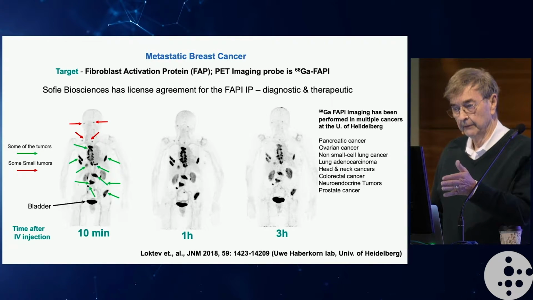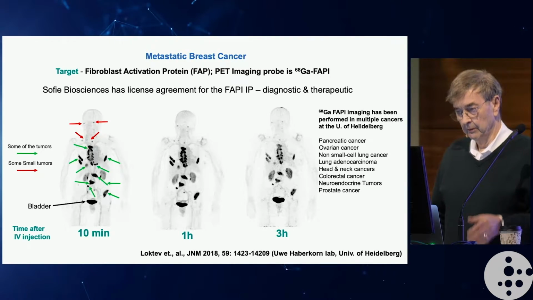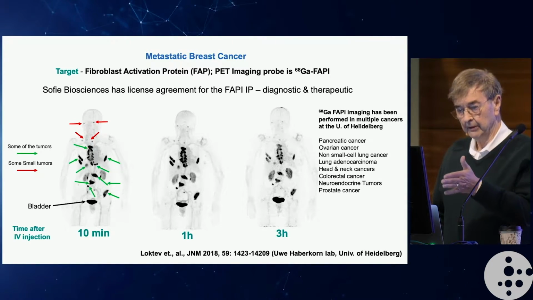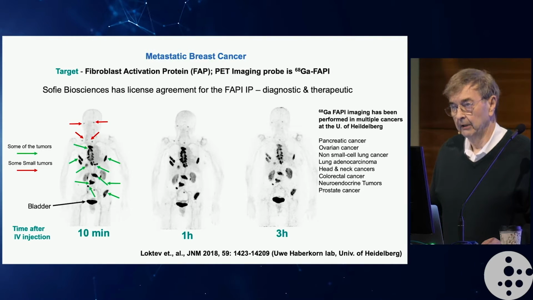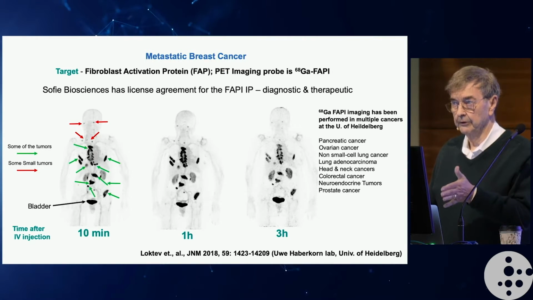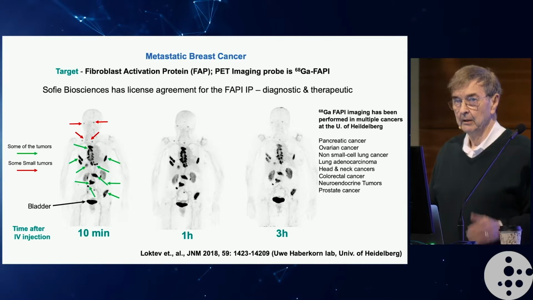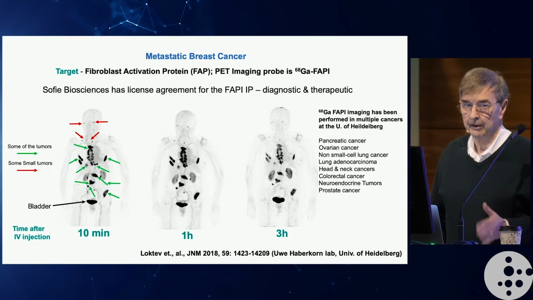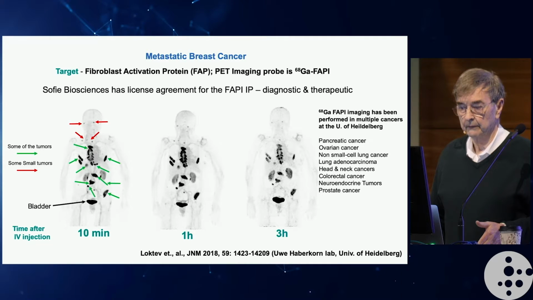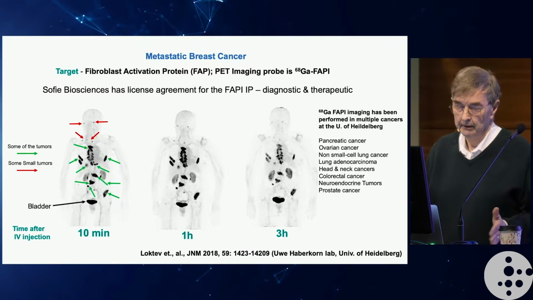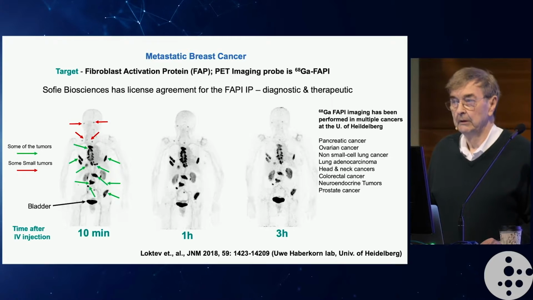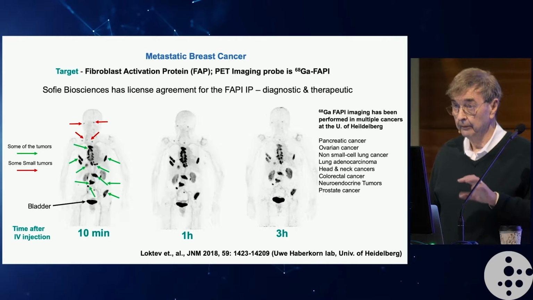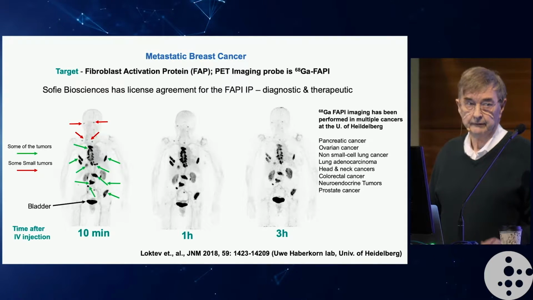So you look at this breast cancer patient with a FAPI-1 probe targeting FAP, and you see in 10 minutes already there's enormous concentration of the probe in the tumors, and also that the probe is cleared out of the nonspecific tissue in terms of side effects in 10 minutes. And in kinetics, these probes are also internalized very quickly. 95% of the probe and protein are internalized in about 60 minutes.